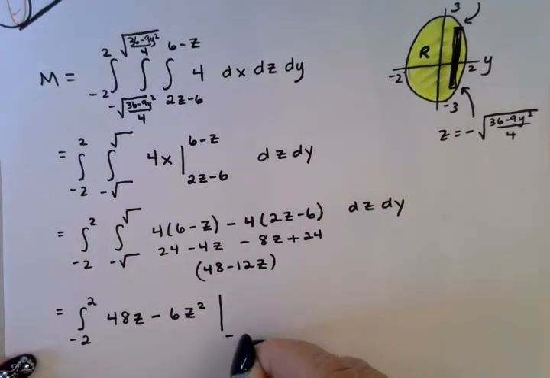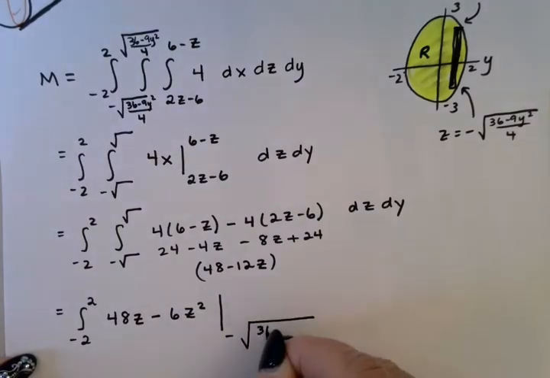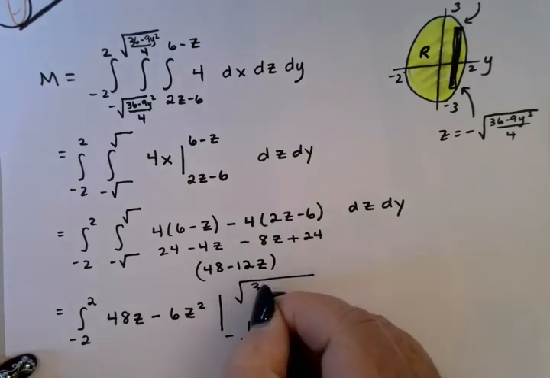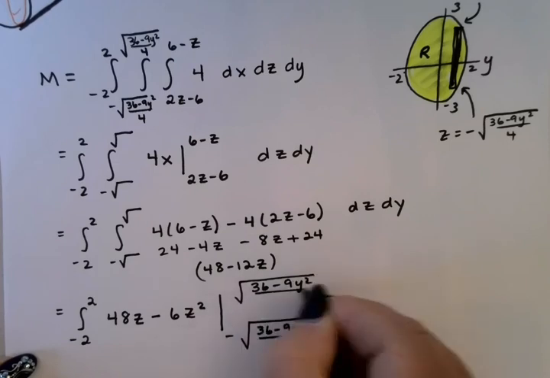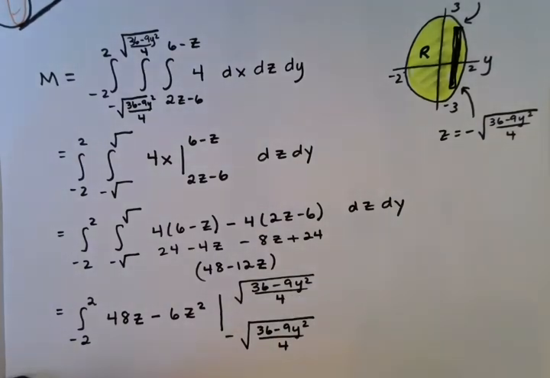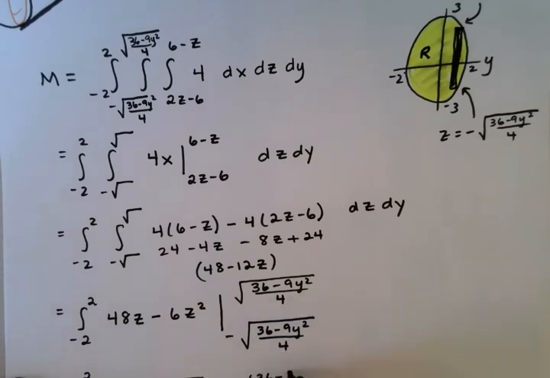And that's evaluated from that negative square root, and I'm going to write it out this time, to the positive square root. I'll get 48 times the positive square root minus 6 times, and squaring the square root will just give me 36 minus 9y squared over 4. Sorry, I'm off the screen here.